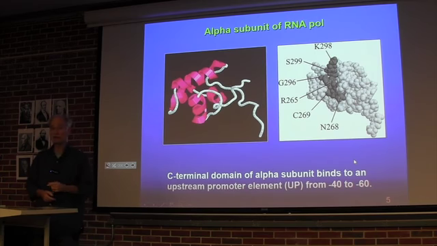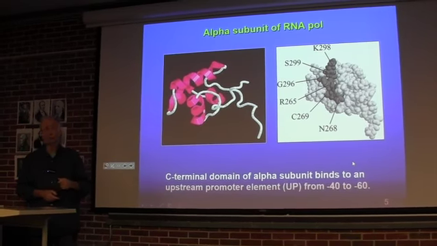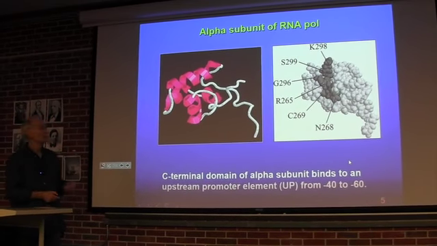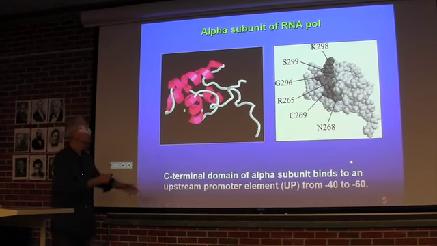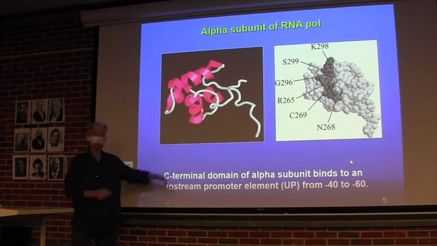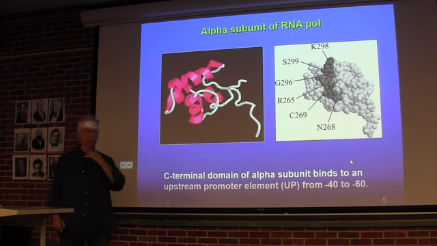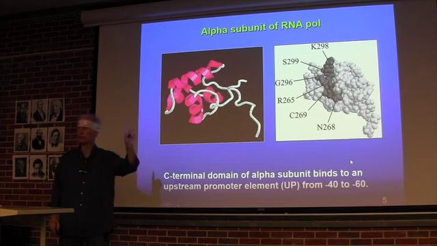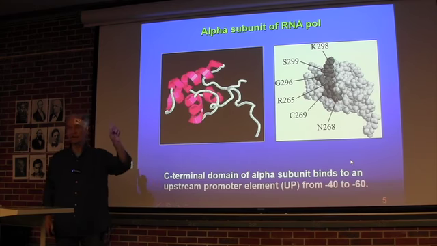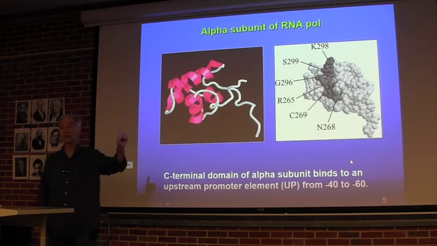Sigma is an exception in domain 2.4, but the CTD of alpha interacts with configurations of helices that look like helix turn helix, except it's not. This is called helix hairpin helix. Not helix turn helix, but helix hairpin helix.